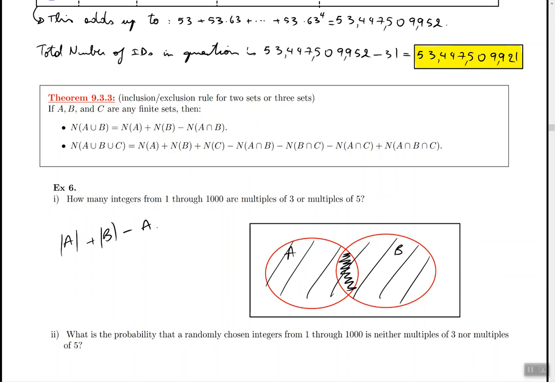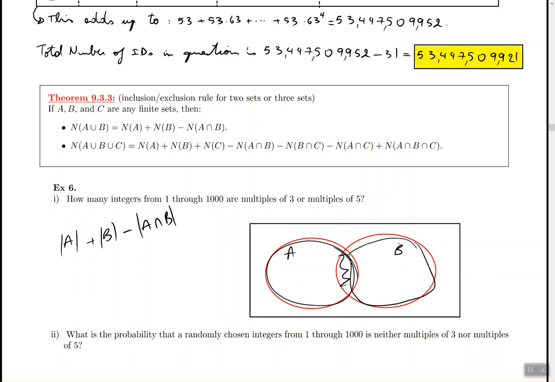You just take it out once. You calculate it once with A, then once with B, and then you remove one of those counts and you're fine. That's what the rule tells us to do.